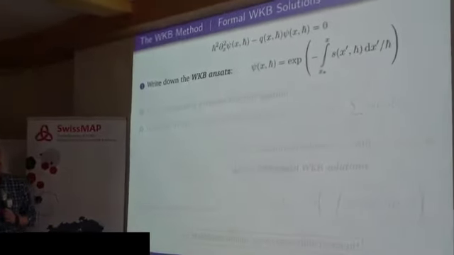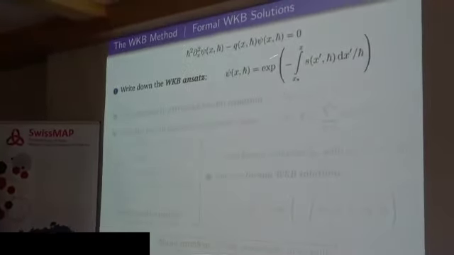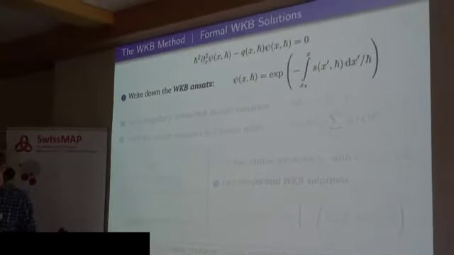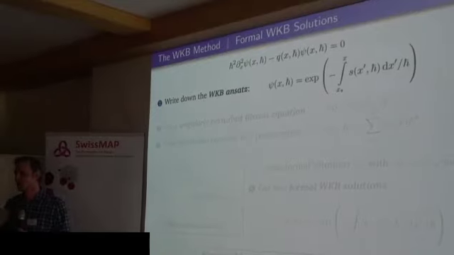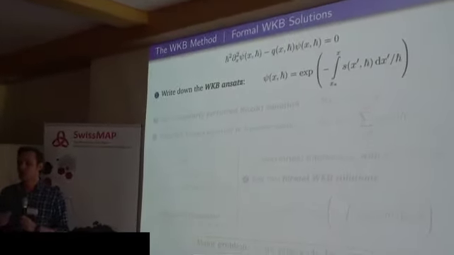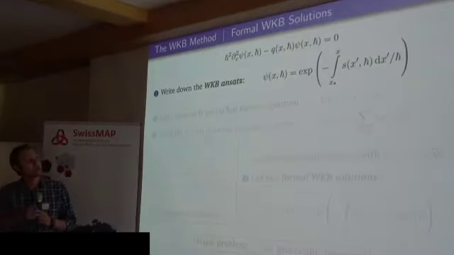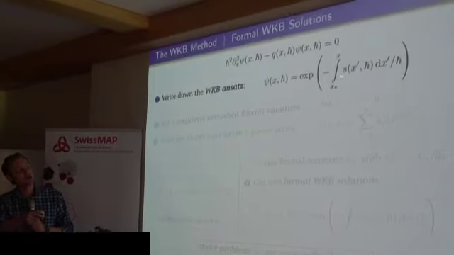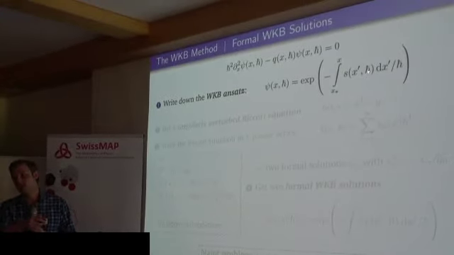So imagine I'm studying this Schrödinger equation, a second order ODE. The WKB method starts with what is known as the WKB ansatz, which is to say, I'm going to look for solutions of my Schrödinger equation in this special form, which is exponential of integral of some test function S divided by h bar.